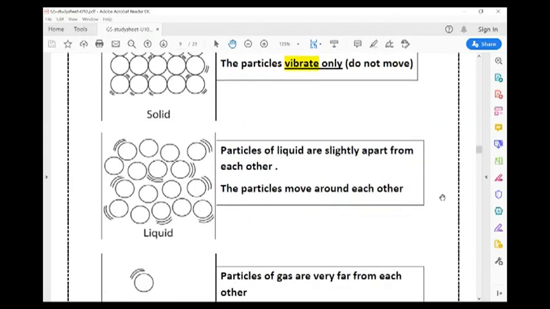The liquid state, because the particles are slightly apart from each other and move around each other, but not like the gaseous state, has indefinite shape but definite volume.